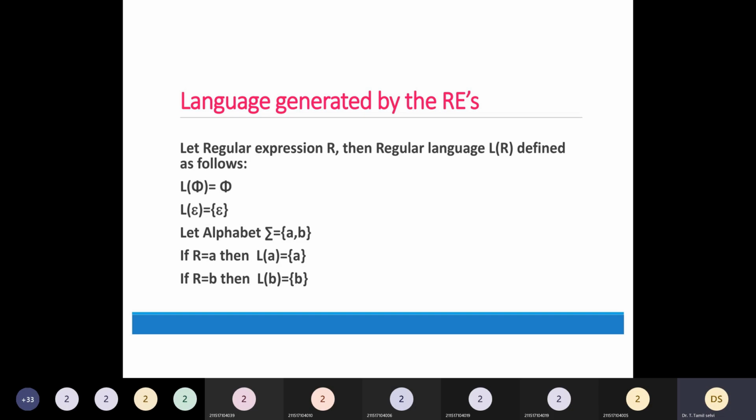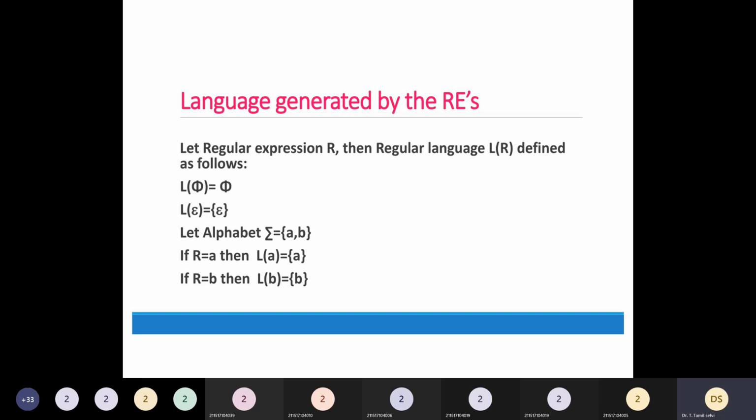And then the next one, we can form the languages from the regular expression. For example, here our regular expression is a. Capital R is the regular expression, and the regular expression equals, it consists of only one symbol, small a. So in the language also we have the single symbol.